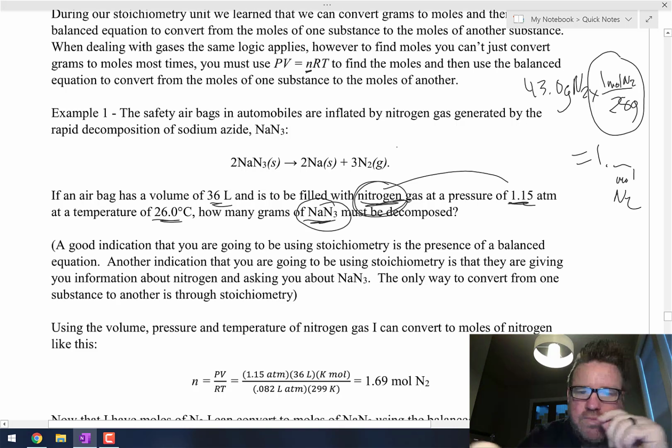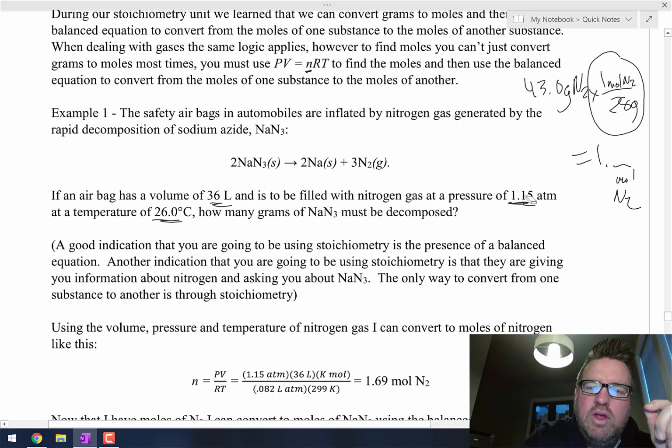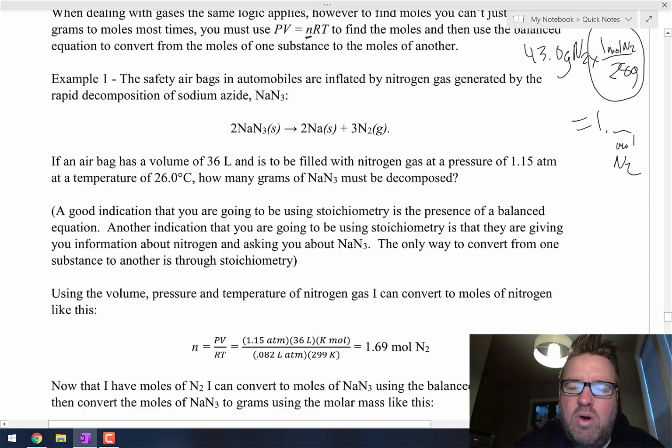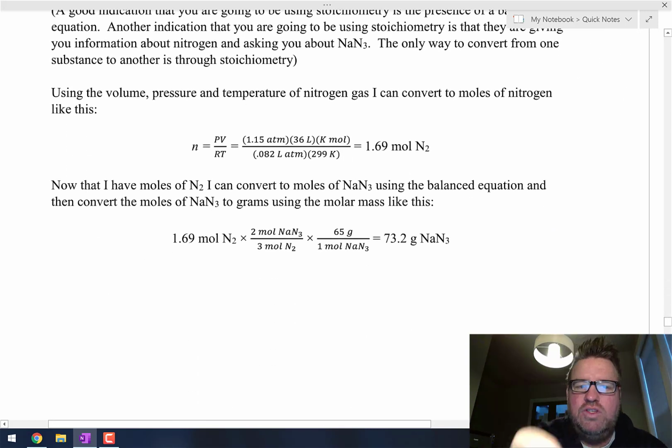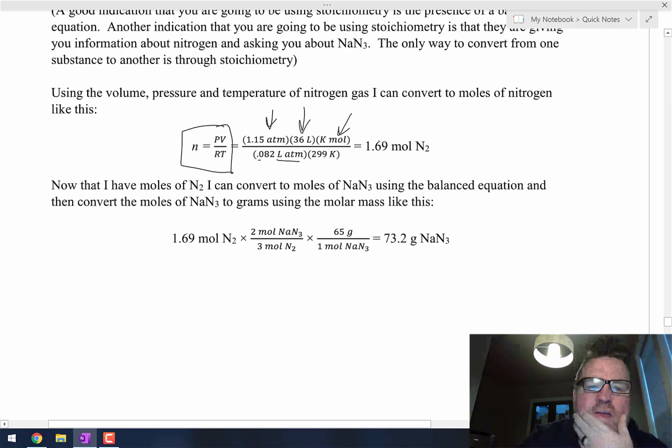So the first thing we're going to do is use the pressure, the volume, and the temperature, and we're going to find the moles of nitrogen. So notice here I used n equals PV over RT, the pressure in atmospheres, the volume in liters. There's my 0.082 liters atmospheres per Kelvin mole on the bottom, and then there's my temperature in Kelvin.